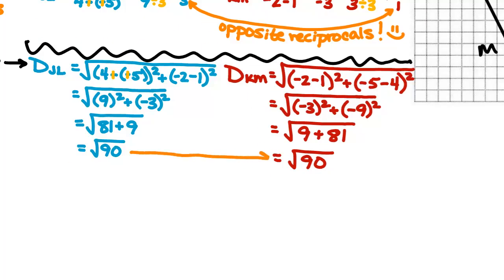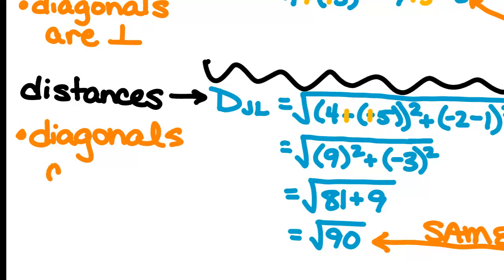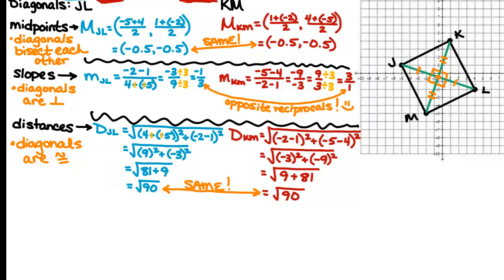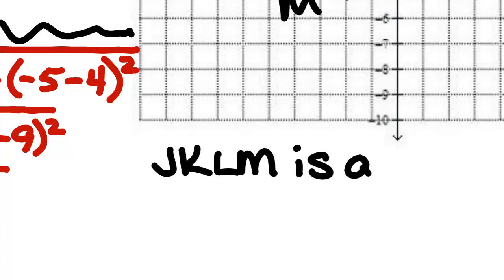So talk to me about the lengths. They are the same. So this tells me what about my diagonals? They are congruent, yes. And Denai, you said that means this has to be what kind of a shape? This has to be a square. JKLM is a square.